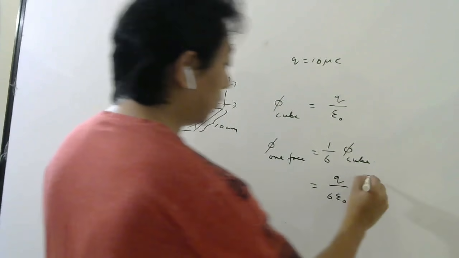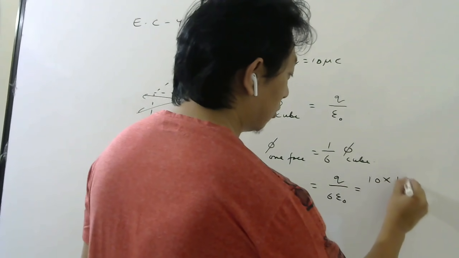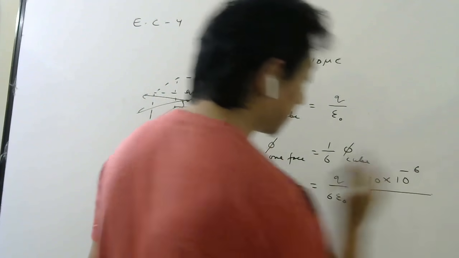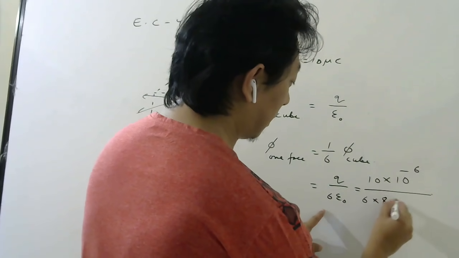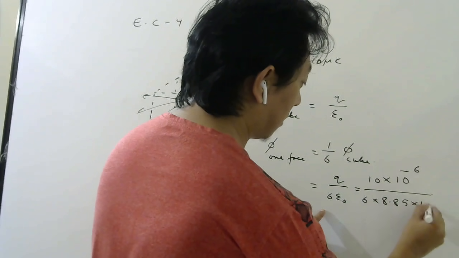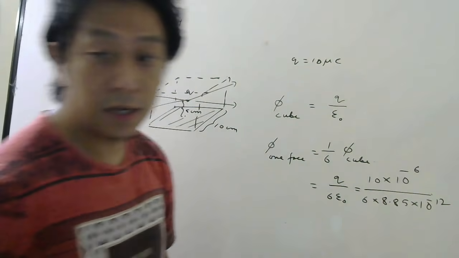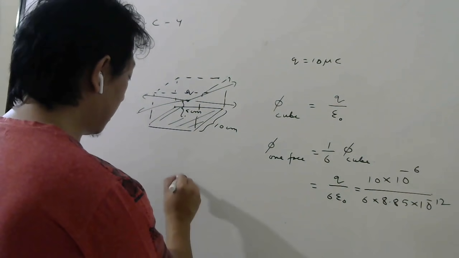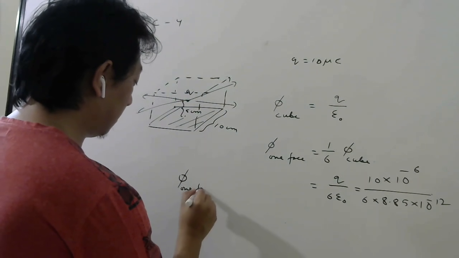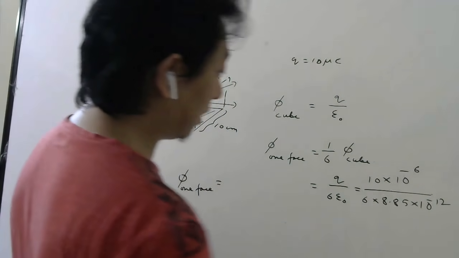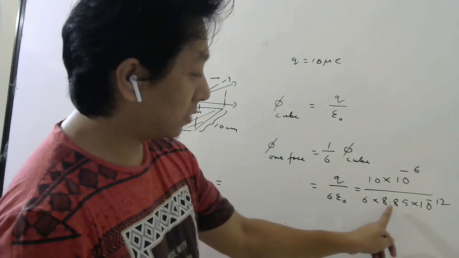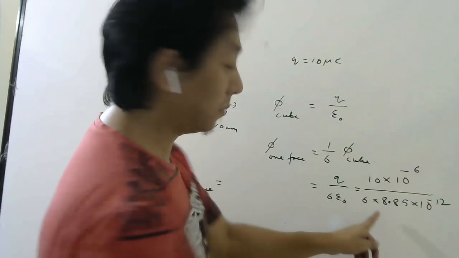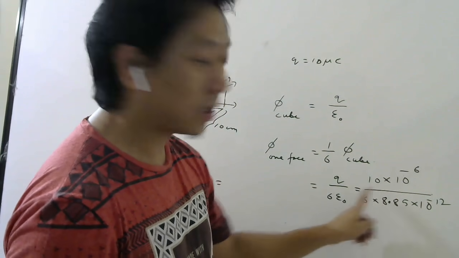The value of Q is given 10 microcoulomb. Micro means 10 power minus 6. And this epsilon naught value is 8.85 into 10 power minus 12. Let us try to solve approximately because this is an entrance problem. So approximately 6 into 8 is 48, but this is 8.85, so this will come around 49.